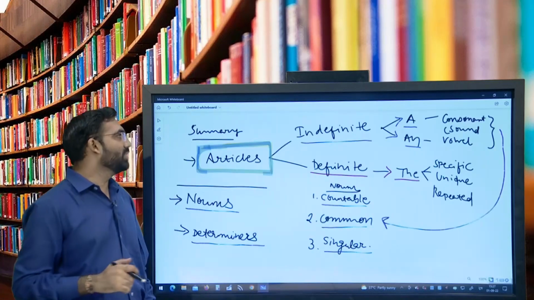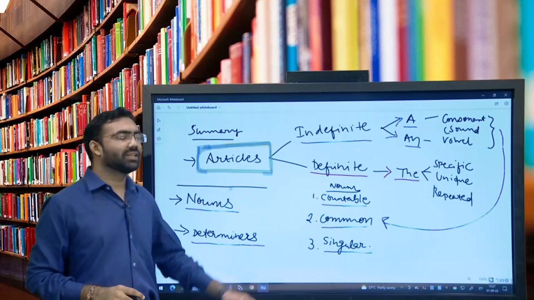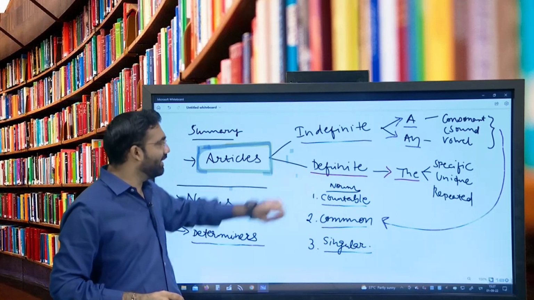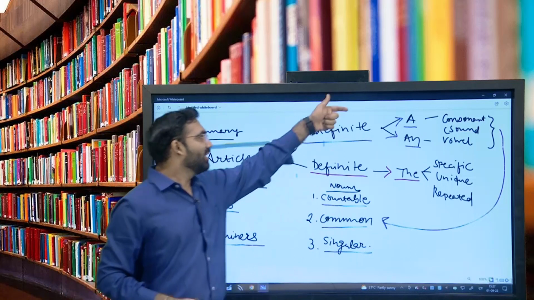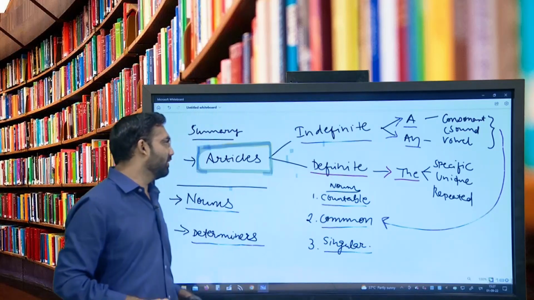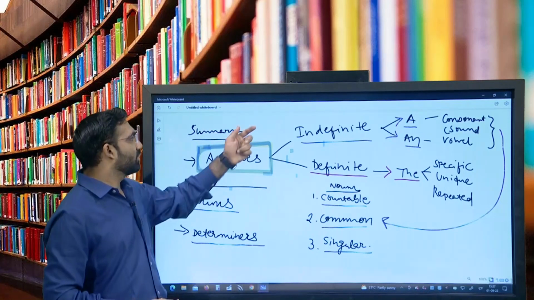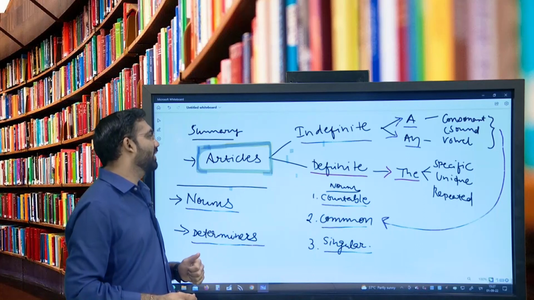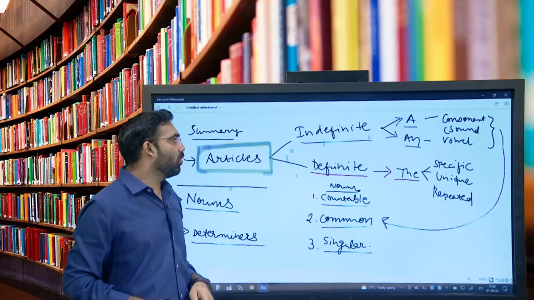So students, what have we learned today? We learnt about articles. There are two types of article, indefinite article and definite article. Which are those two indefinite articles? A and AN. The definite is the. There are some conditions that we have to follow if we want to use article A and AN. What is that?